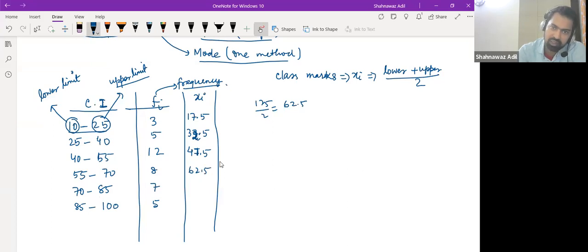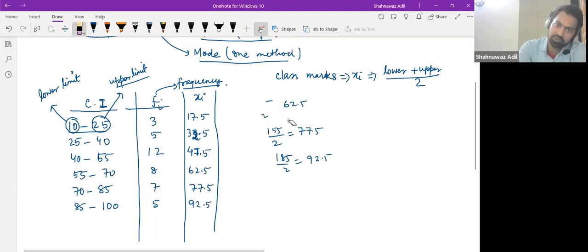And then 70 plus 85, so 155 by 2, which is 77.5. And then 185 by 2, which is 92.5. So this is how you calculate the class marks. Understood?